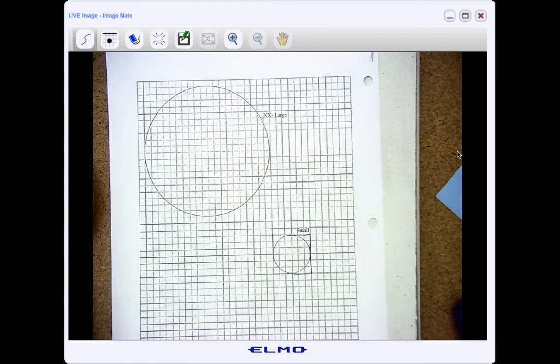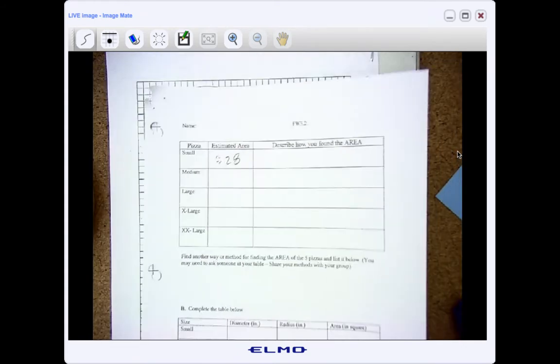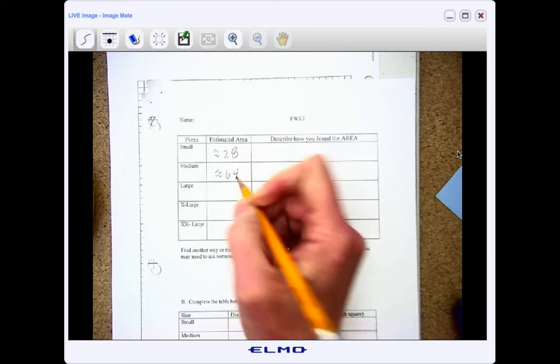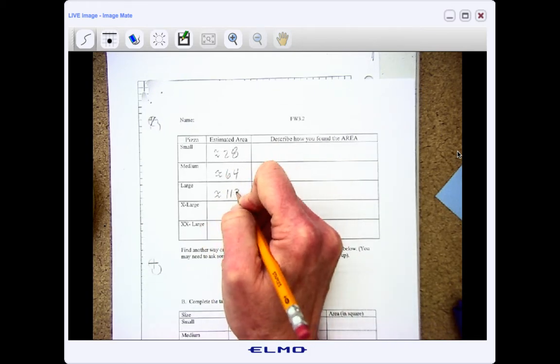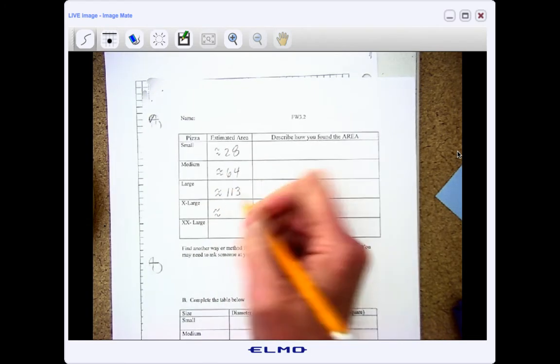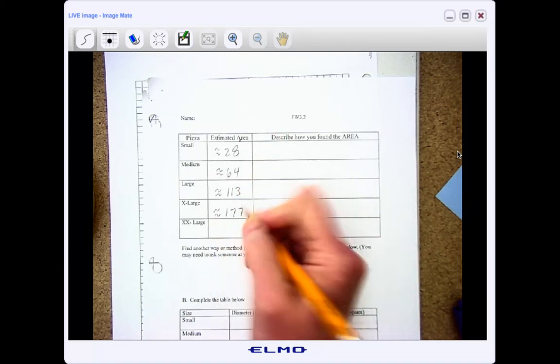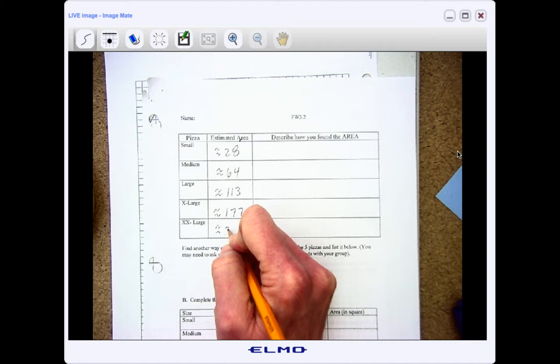So that's maybe a way you could have done it. If I look at the other shapes, the medium should have been around 64, the large around 113-ish, the extra large around 177, and the extra extra large around 314.